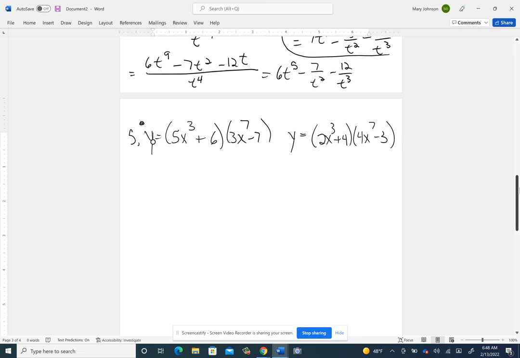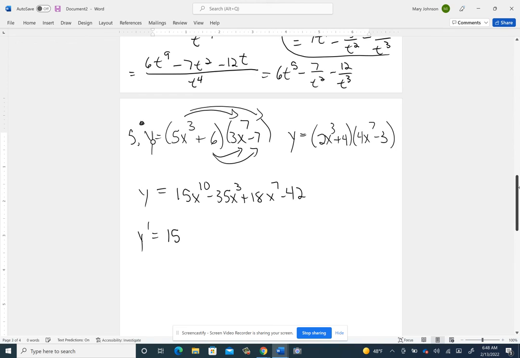The quickest way to do this, even when you know the power rule, is to just FOIL and rewrite this. So this would be 15x to the 10th minus 35x cubed plus 18x to the 7th minus 42. That's still y. And so when we now do the derivative, we just have to use the power rule.